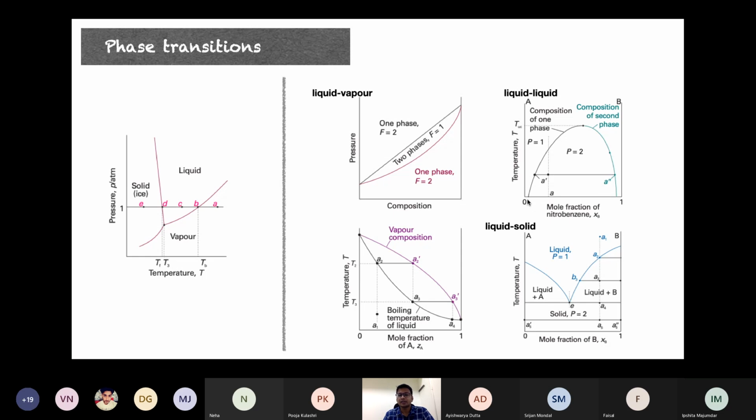You draw this kind of curve, and there is one point at the tip of this hill, which is called, I think, the upper critical point, beyond which you cannot really distinguish between the compositions of these two chemicals. And then we have eutectic mixtures for liquid and solid. So just go through all this and have a look at all these phase diagrams. It's not very important for this course, but it's good to know the basics about this kind of system.